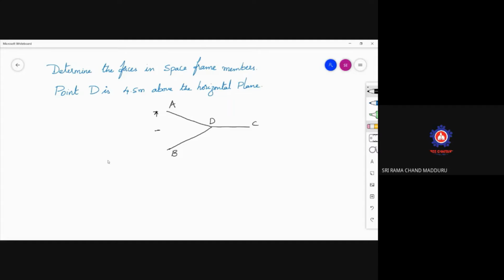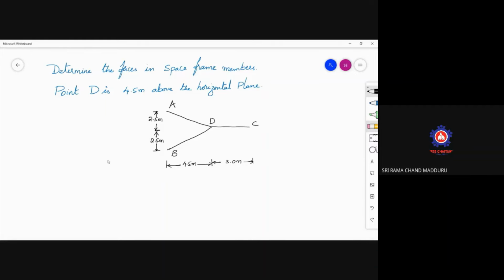The distances are given here. I am giving you the distances. So these are the distances given.